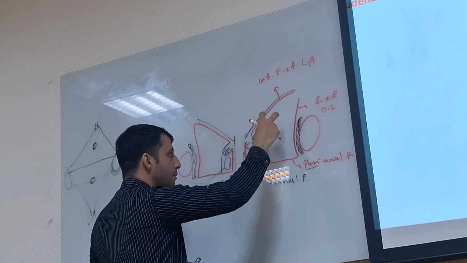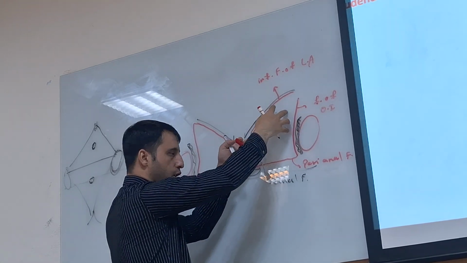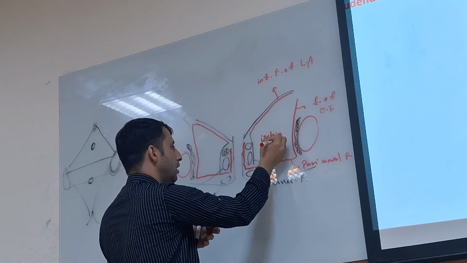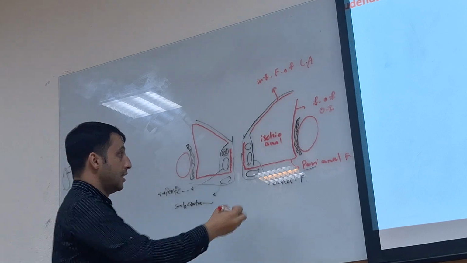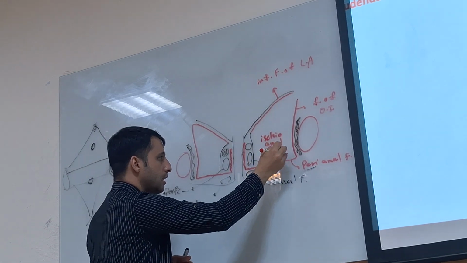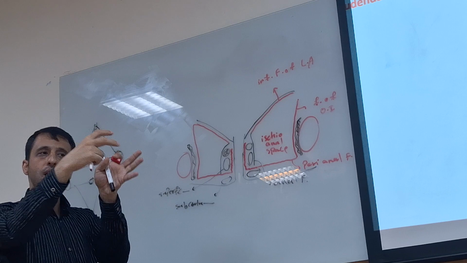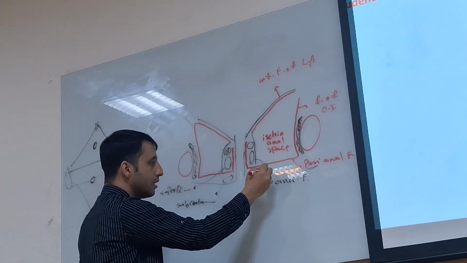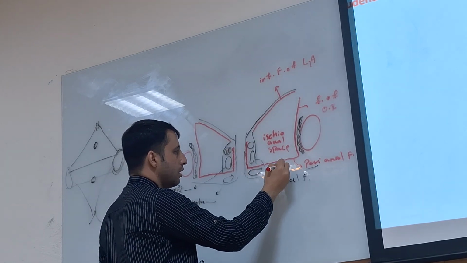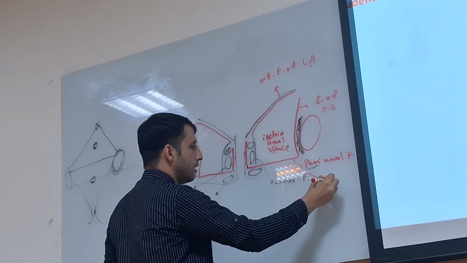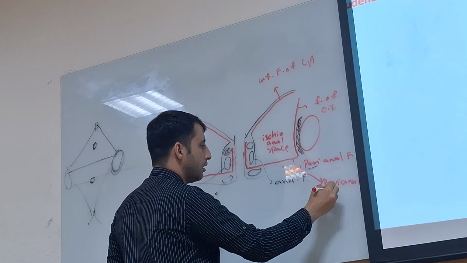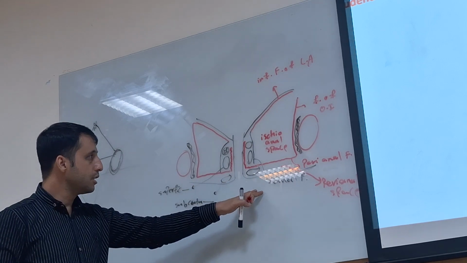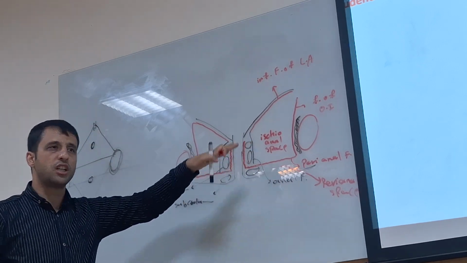This part is the main one. I name this part as ischio-anal space, or the main part of ischio-anal fossa, and I name this part as pre-anal space. Okay? Pre-anal space, ischio-anal space, or ischio-anal fossa.